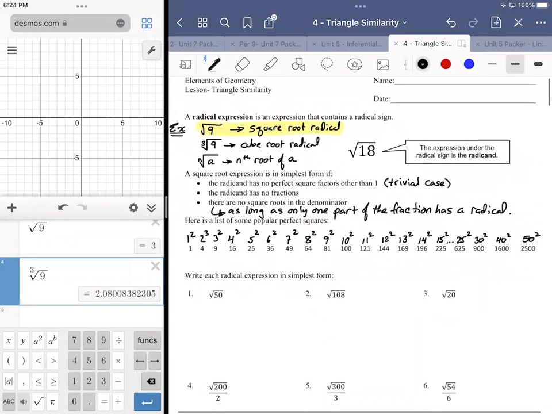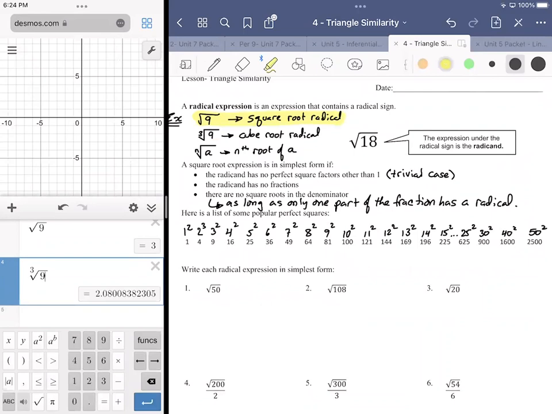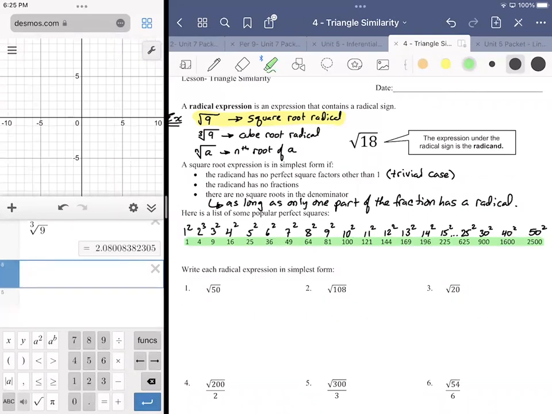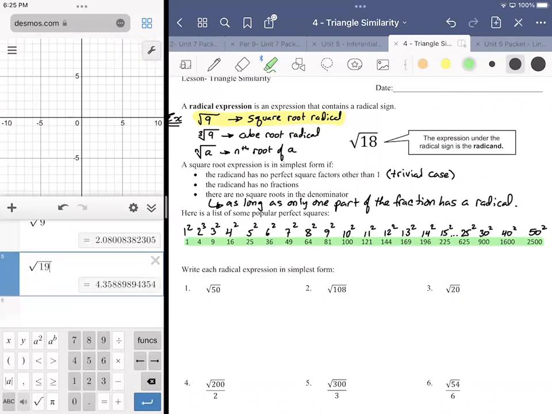And these are the most popular perfect square values that you might expect to see. Right? So any of these perfect squares, when square rooted, would give you a whole number as a result. So for example, if I took the square root of 196, whole number as a result, 14. All right.